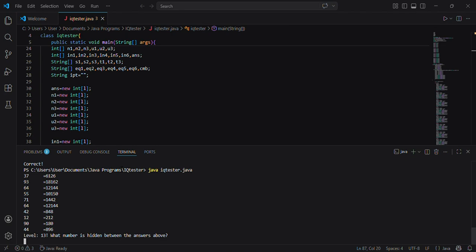Here we'll see 9 plus 9 is equal to 18. 3 how much gives 162? We'll have to figure it out. Let's try the lower numbers, such as 12 is equal to 212. 1 plus 1 is equal to 2, and 2 is equal to 12.